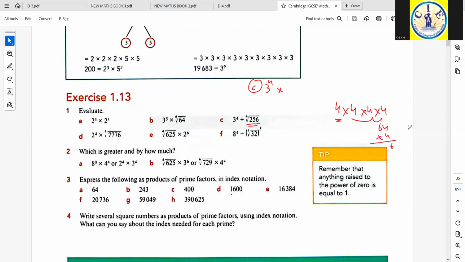So 4 fours are 16, 4 sixes are 24, and then what? 256. So 256 is actually 4 raised to the power 4. So I can simplify it to give me 4 raised to the power 4, which is 256, whole raised to the power 1 by 4, which is the value of this fourth root. Fourth root of that is 1 by 4. Now again, I'm going to apply that rule.